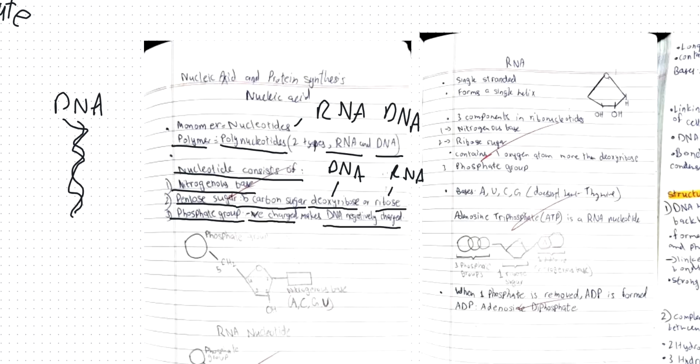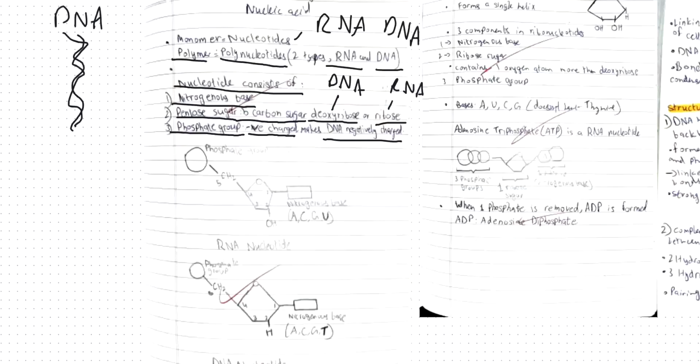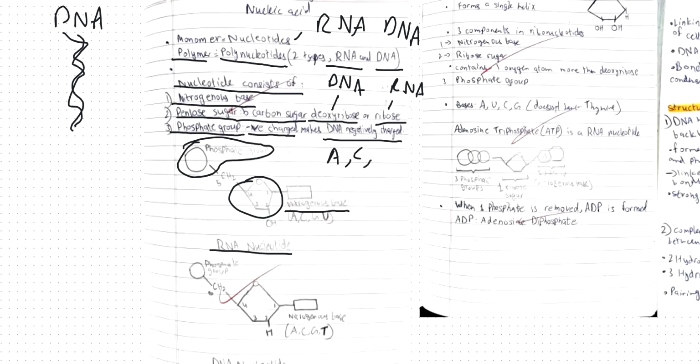And this is the structure of RNA right here. You can see there is this pentose sugar, and attached to this pentose sugar is a phosphate group right here. And you'll also have a nitrogenous base. Remember that in RNA, you'll have 4 different nitrogenous bases: adenine, cytosine, guanine, and uracil.